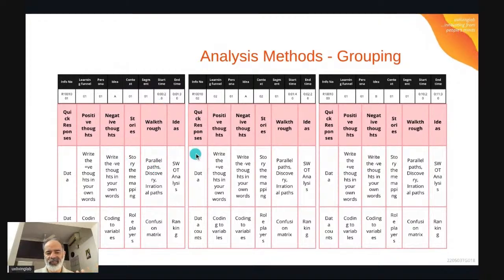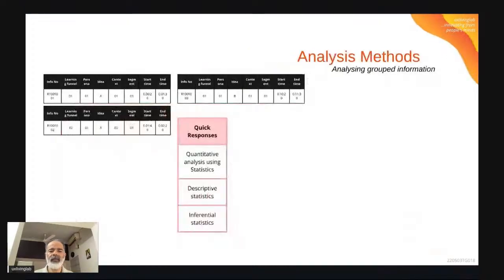So this individual information, what you analyze from that small piece of information based on the 6 thinking hats, is grouped here. So different ways you can group according to your analysis.